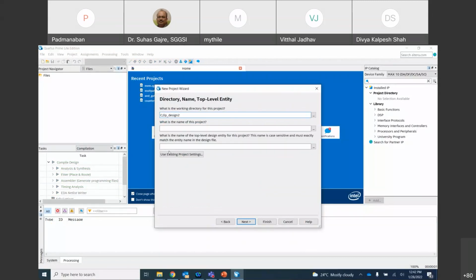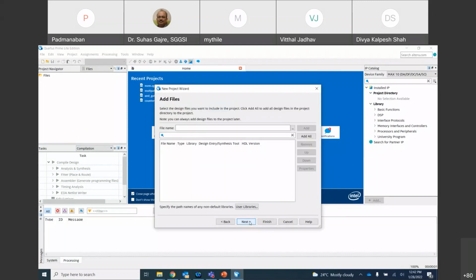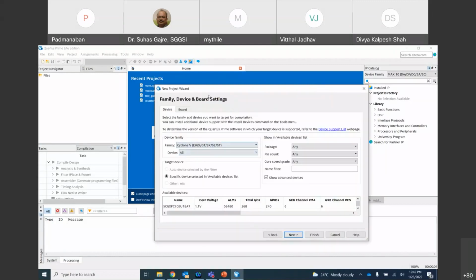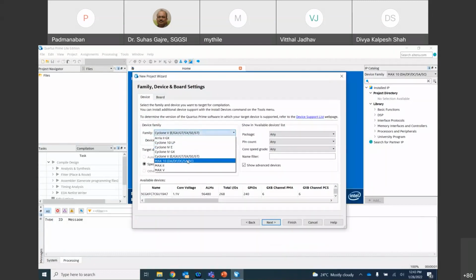You take and say memory, something like that. You create. Let it be some family. For example, you take MAX 10.